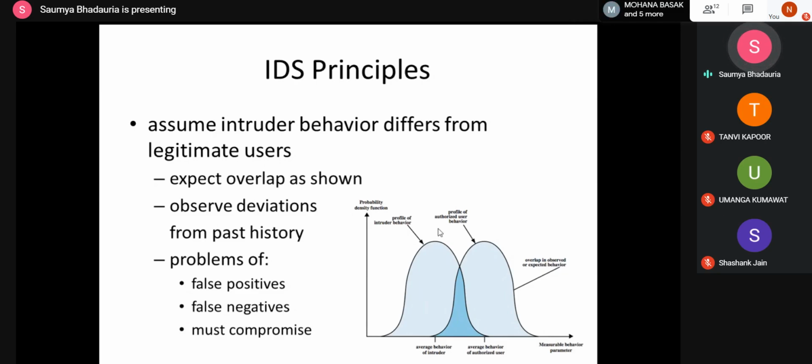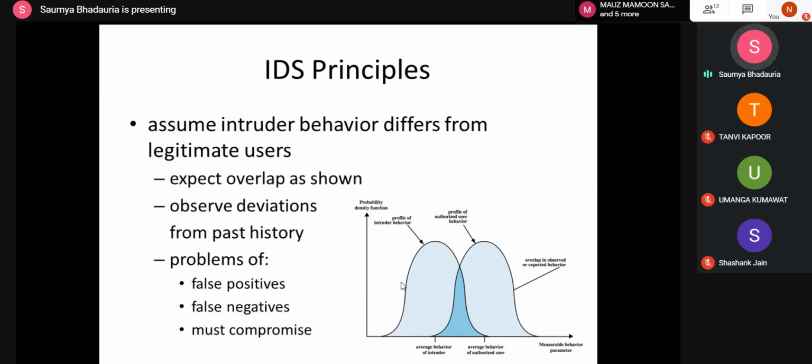If you do not have very stringent rules on the identification of a particular intruder, in that case, you can classify some cases of false positives as authorized users also.